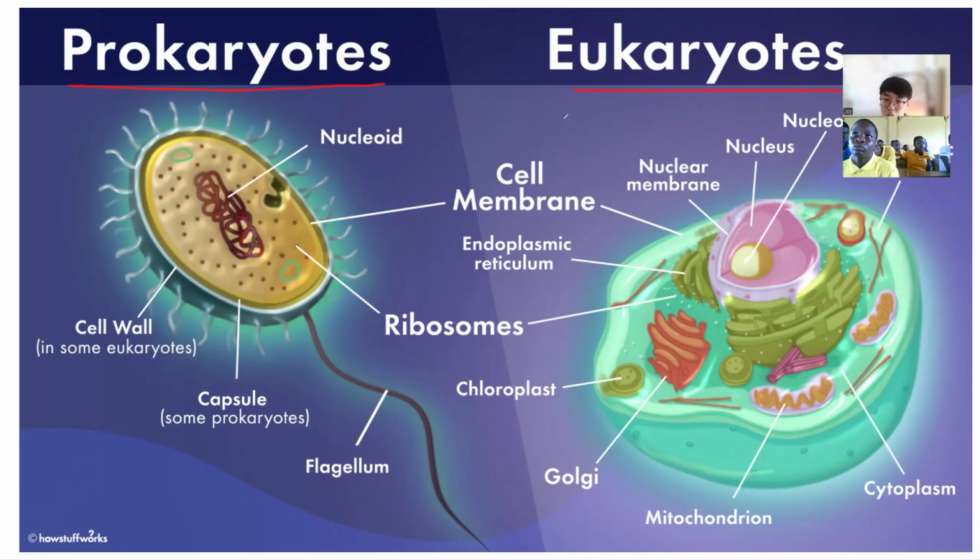Humans have eukaryotic cells. But things like bacteria and microbes have prokaryotic cells, while humans and animals have eukaryotic cells.